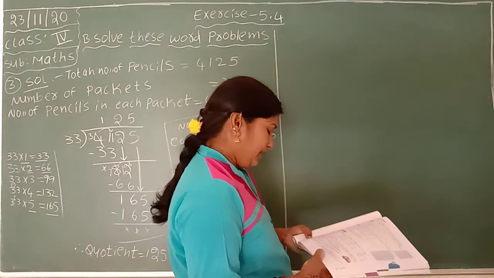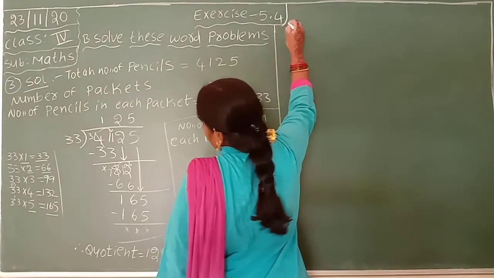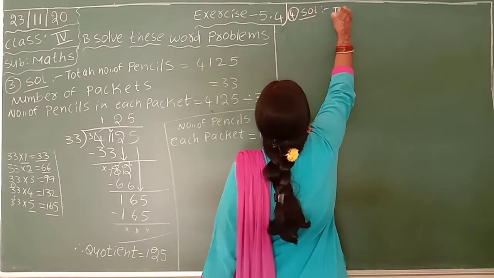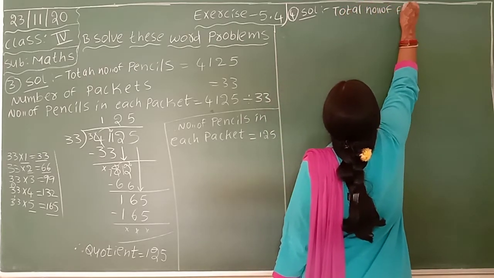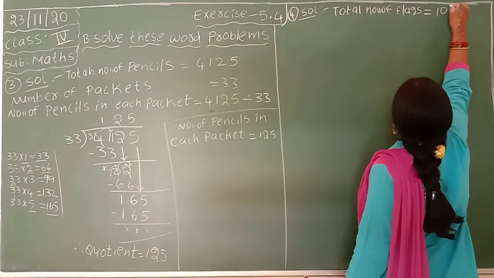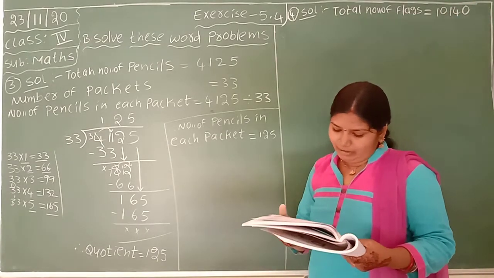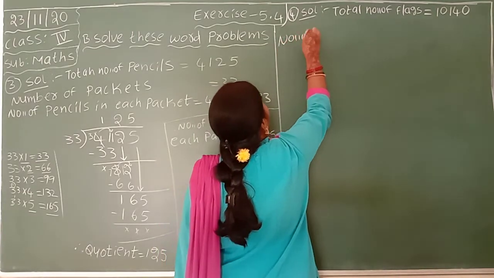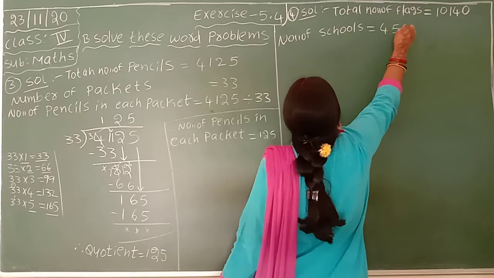First, total number of flags. You have to write down total number of flags. Total number of flags is equal to 10,140. Next, if equal number of flags are given to schools, that means number of schools is 45.